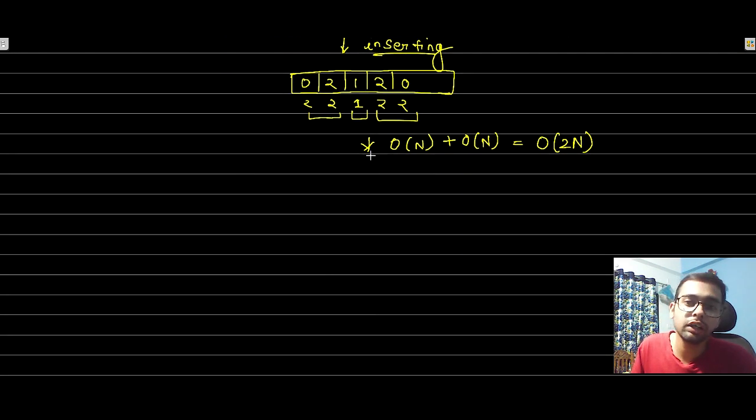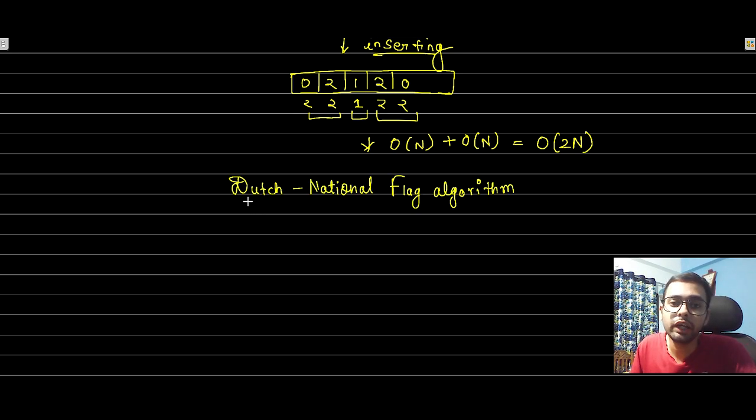If we think of further optimization, a more optimal approach, there is an algorithm known as the Dutch national flag algorithm. This algorithm can be compared to our famous two-pointer approach.